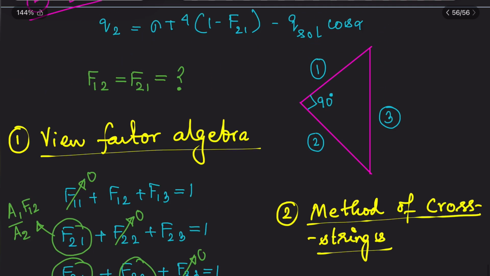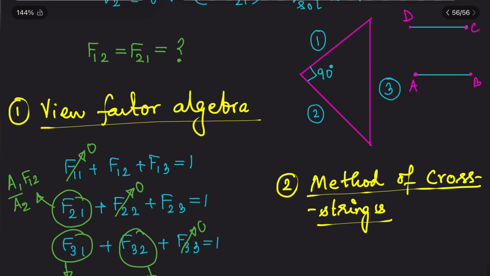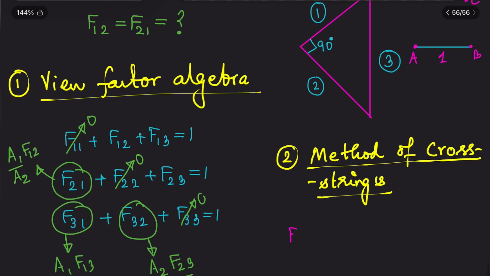It says that, see, if I have a surface like this and this, these are the four corners. I will name it as A, B, C, D. So it says that if this is my surface 1 and surface 2, then my F12 is the summation of the diagonals.